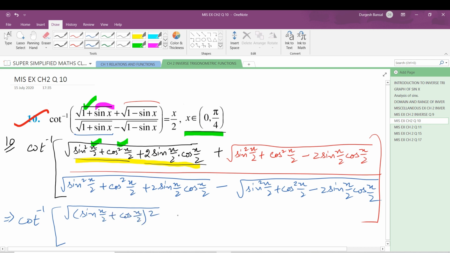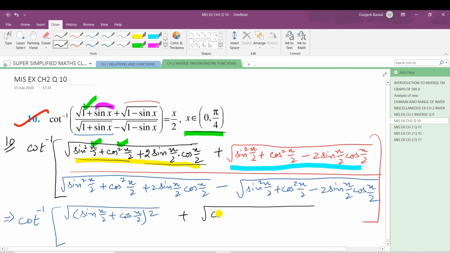Yes, it is. Now look at this that I am underlining with blue. This is the whole square of either cos x by 2 minus sin x by 2 or sin x by 2 minus cos x by 2.